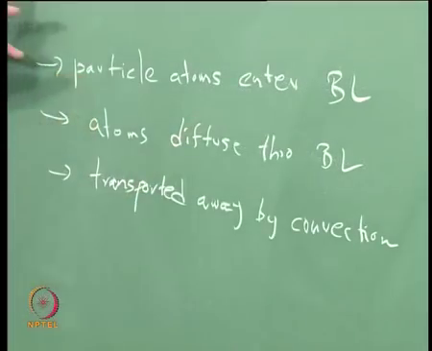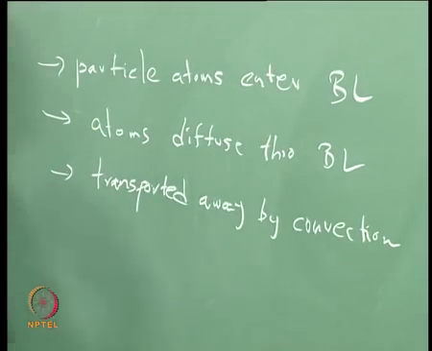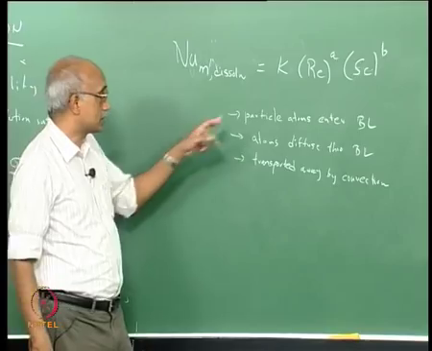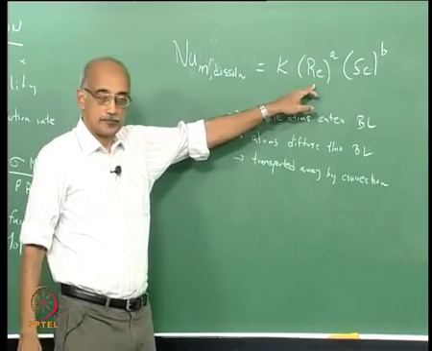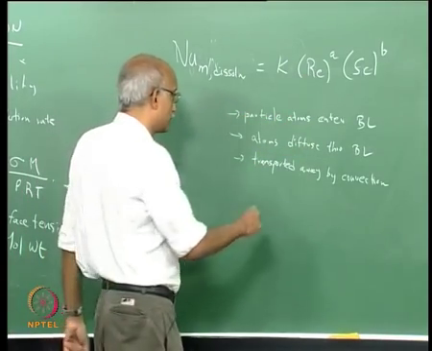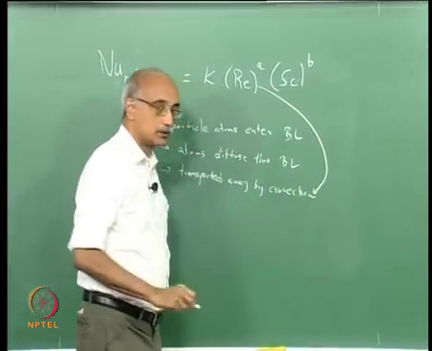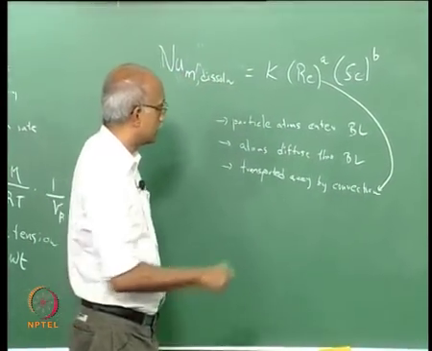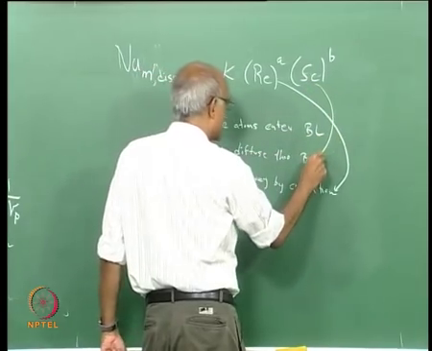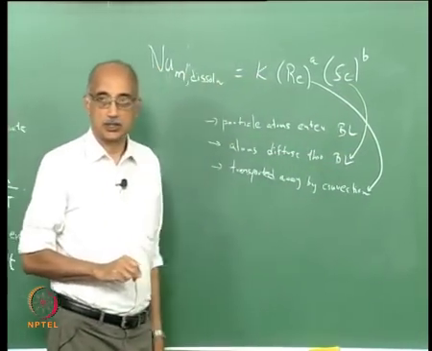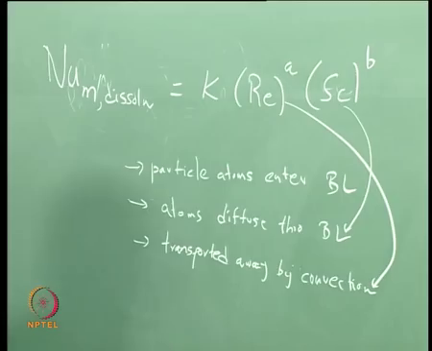So, if you look at this expression for the Nusselt number that governs the overall dissolution process, the Reynolds term represents the effect of convection, whereas the Schmidt number affects the rate at which the atoms diffuse through the boundary layer.